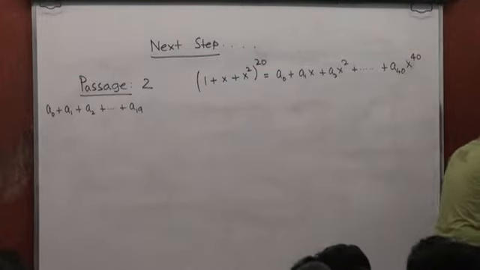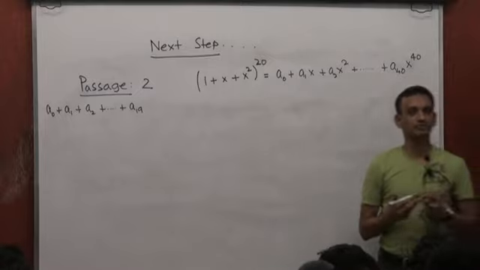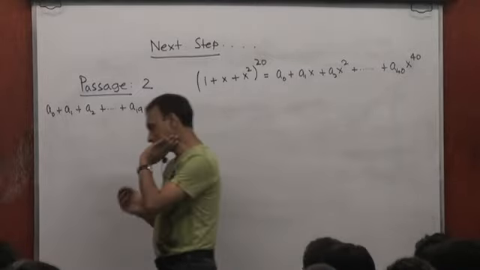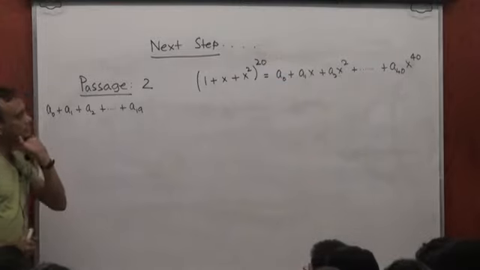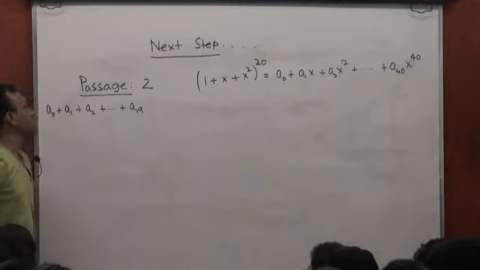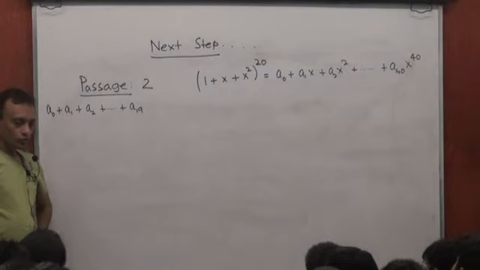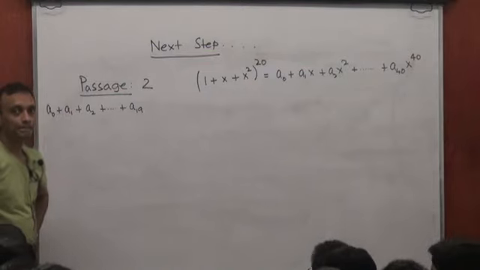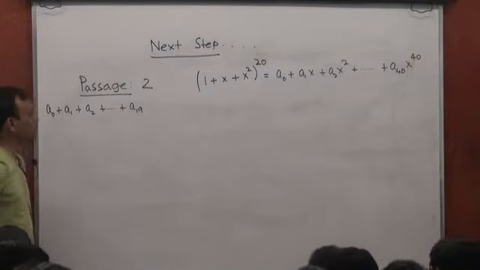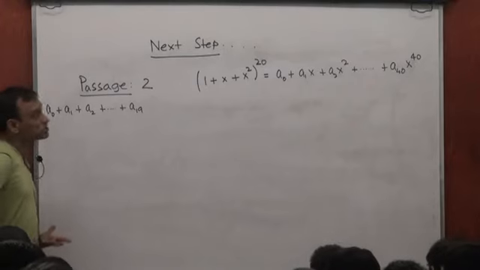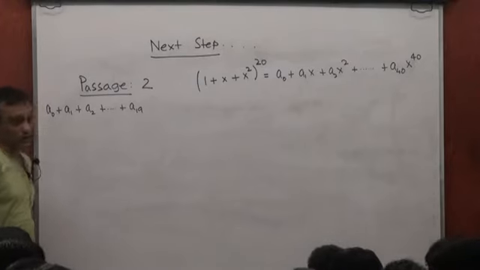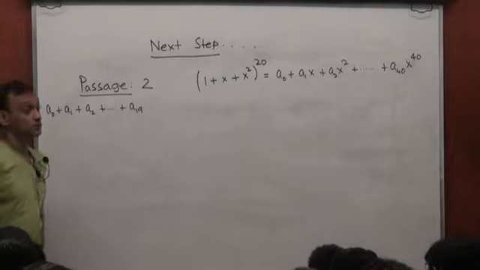Now, even before I randomly start solving the problem for you, try and understand what lies beneath. Why a0 plus a1 plus a2 up to a19? How is it possible to find a0 plus a1 plus a2 up to a19? Perhaps that could be the reason.